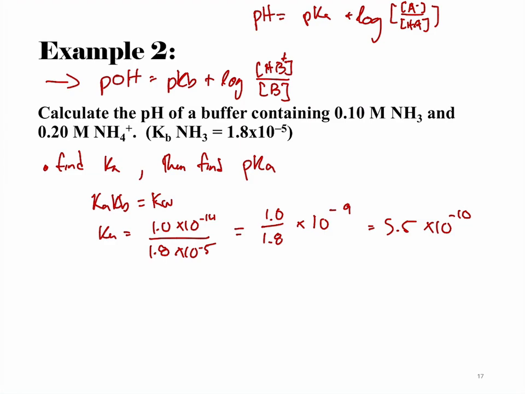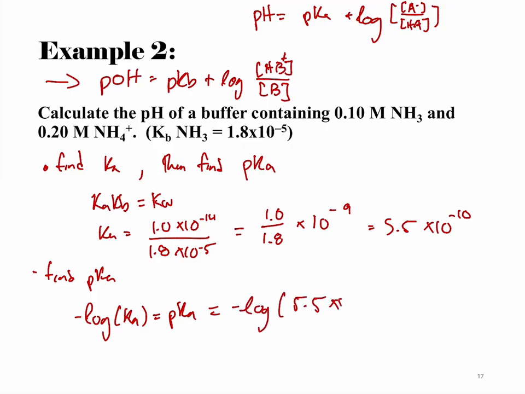And how do we get the pKa from that? Negative log. We take the negative log of the Ka equals our pKa. So that gives us minus the logarithm of 5.5 times 10 to the minus 10.